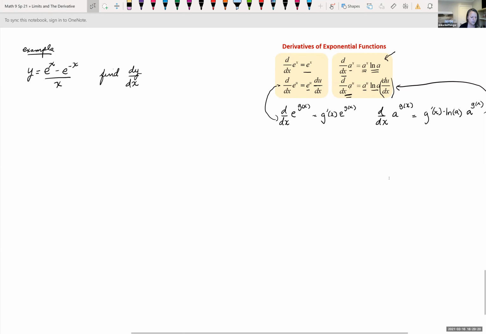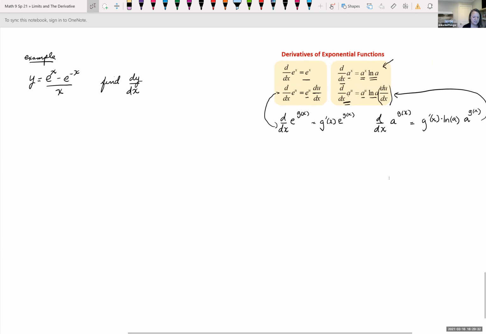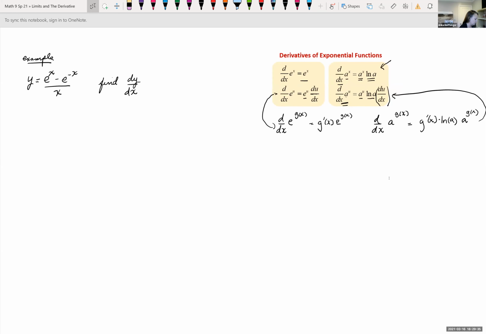So in front of you, we have an example, e to the x minus e to the negative x all over x, and we want to find the derivative of that function. So find dy dx. I notice in here, I'm going to have to use the quotient rule. And so using the quotient rule, taking the derivative dy dx, we would look at the derivative of our numerator.